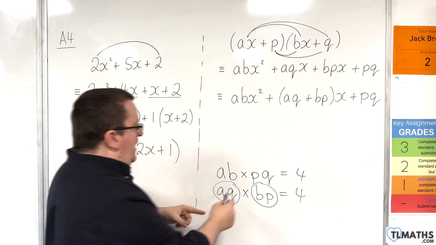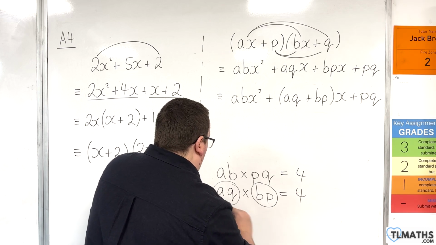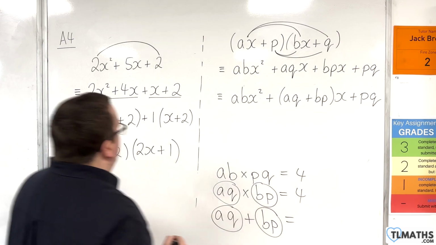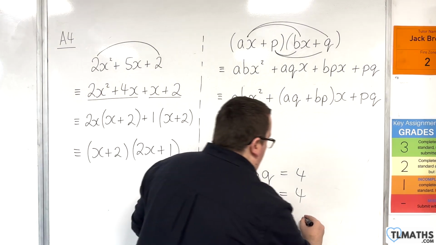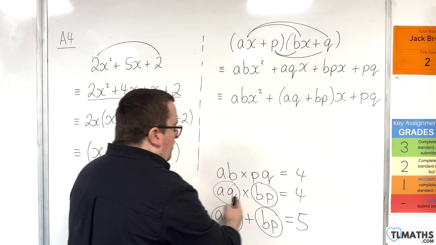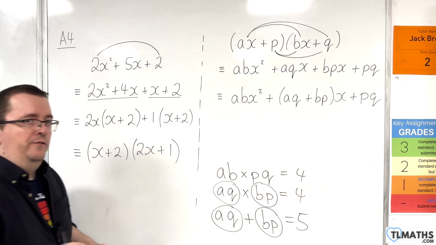I want to know what they are so that I can then go, well, aq plus bp will make, well, in our case, it was 5. So I'm looking for 2 numbers that multiply together to make 4, but add together to make the 5.